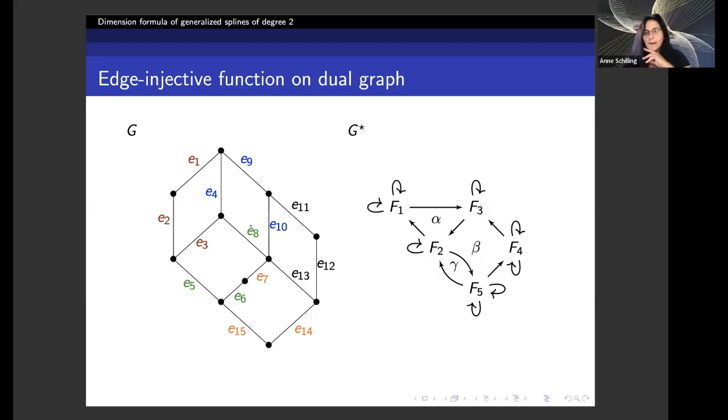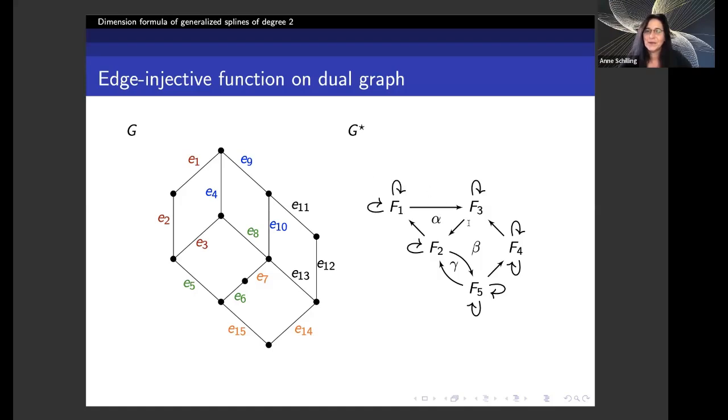And I'm now going to go to the dual graph. Every face now corresponds to a vertex in the dual graph. And so an edge between two faces is now an edge between those two vertices in the dual graph. And notice that an edge that is on the boundary of my graph, I'm now going to associate to loops.